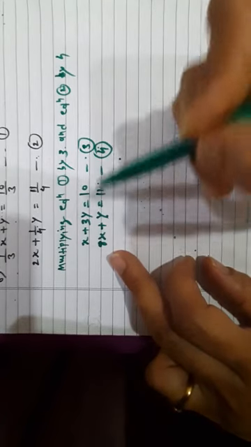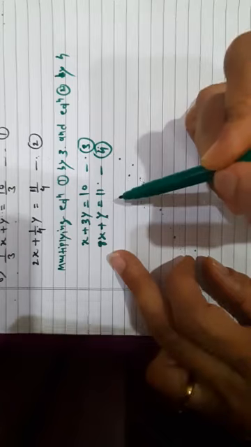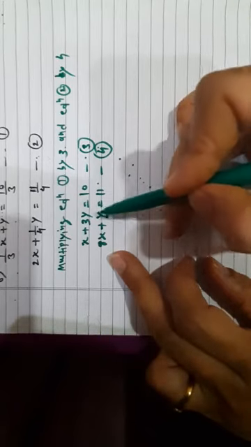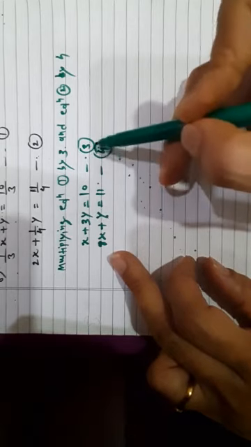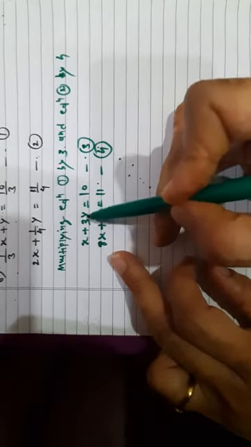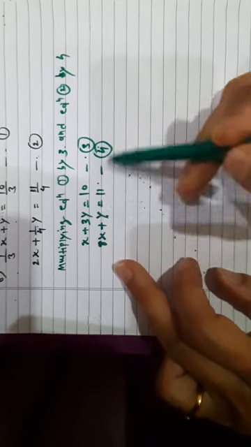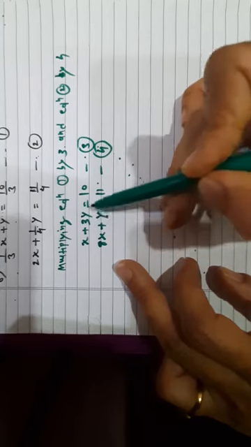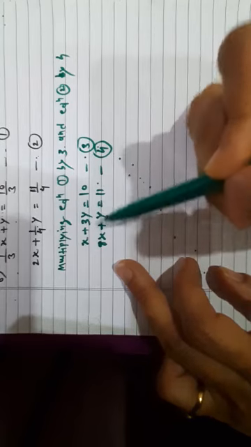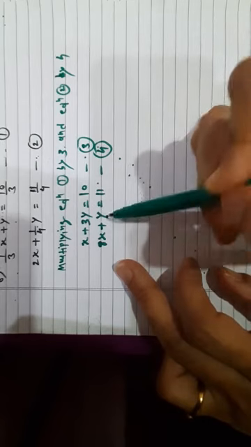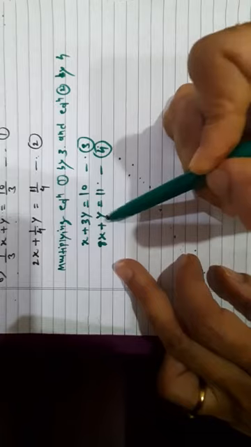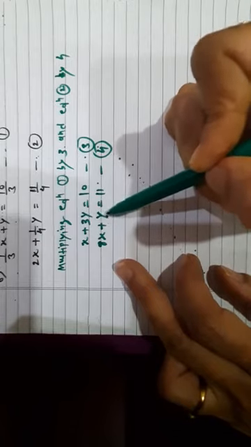Now we use the method of elimination for solving these two simultaneous equations. So we eliminate the variable y. In the third equation, the coefficient of y is 3, and in the fourth equation, the coefficient of y is 1. So we have to equate the coefficient of y. So we multiply equation 4 by 3 so as to equalize the numerical value of the coefficient of variable y.